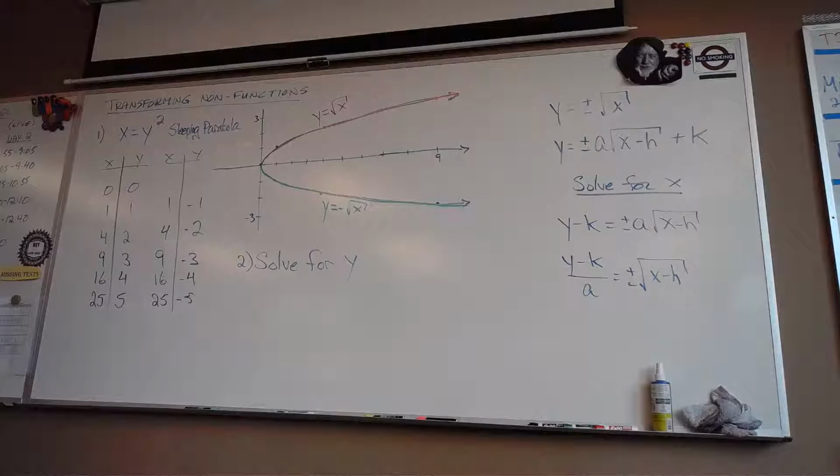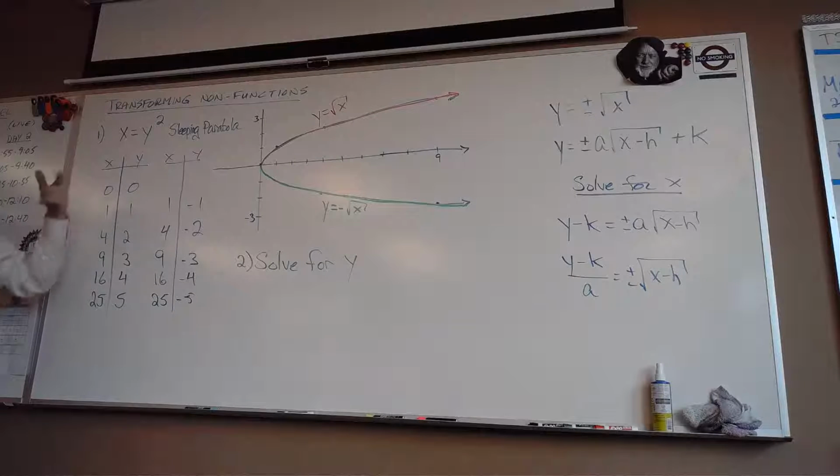How do I get rid of the square root? Square. What happens when I square a positive or a negative? What do I get? Positive. I always get a positive. When I square both sides, the plus or minus goes away. Just like when I square rooted both sides, I had to put the plus or minus in there.